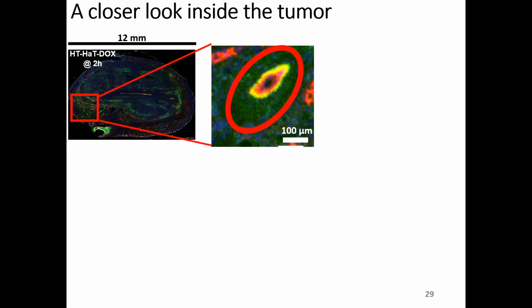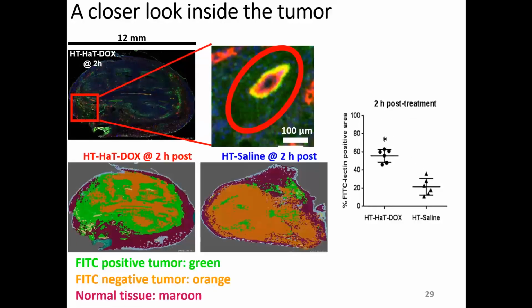FITC-lectin is a marker of vascular perfusion. And on average for all of our tumors, we see a significantly larger degree of FITC-lectin, or a FITC-positive tumor, in our treated animals in relation to our untreated control. And this is significant at the 2-hour time point, where we observe on average 40% more vascular leakage.